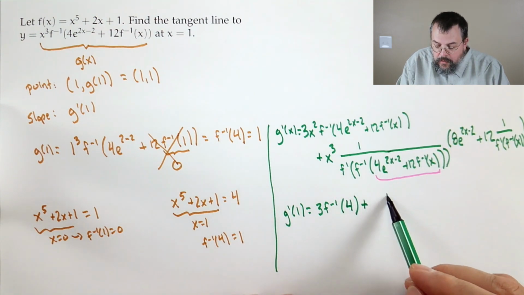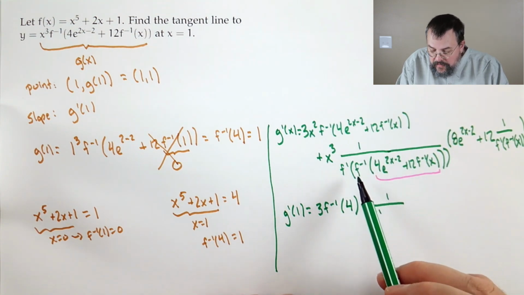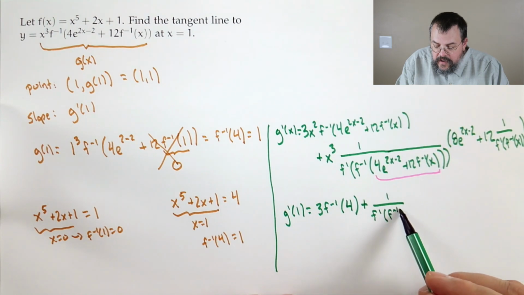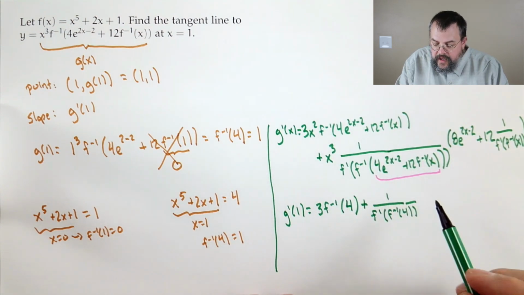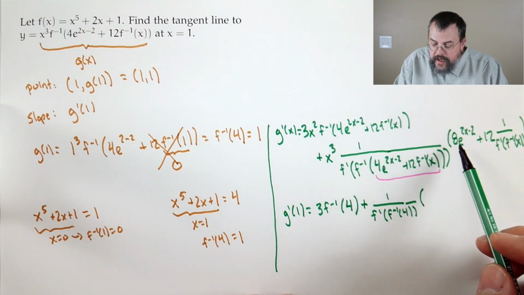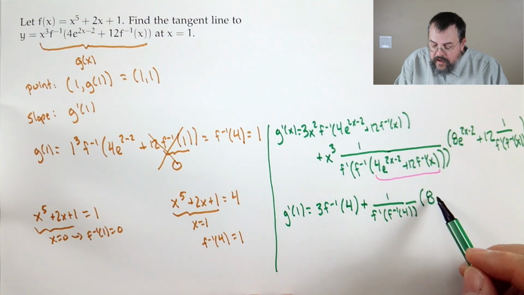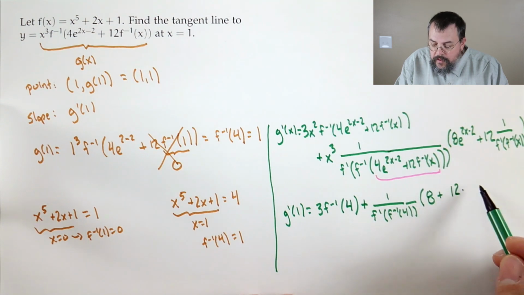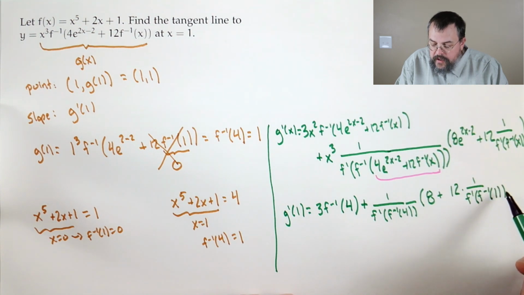So then we have 1 over f prime of f inverse of this. Well, we know what that is. That's f inverse of 4. We just worked through that. That's the same as what you saw up here. And then that's multiplied. Here we have 8 e to the 0, so that's 8 plus 12 times 1 over f prime of f inverse of 1.